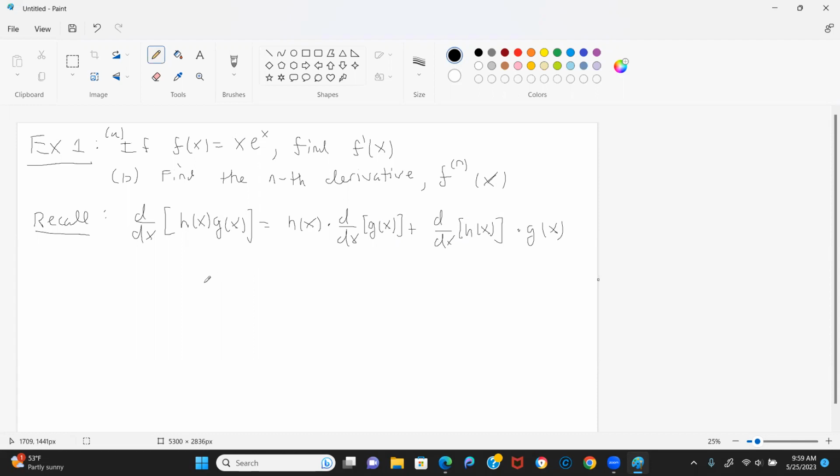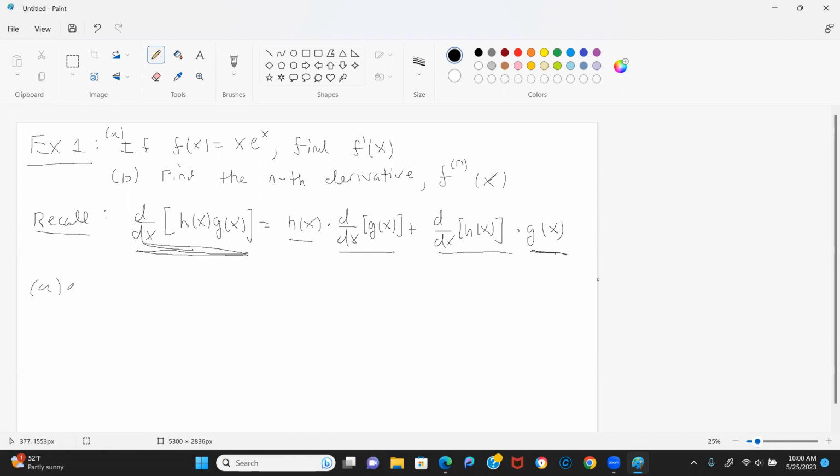It's good, when you have formulas and rules, to read them as symbol free as possible, so that if the symbol is being reused and repurposed, you won't get confused. So the product rule states if I take the derivative of a product of functions, it's going to be the first function times the derivative of the second function plus the derivative of the first function times the second function.